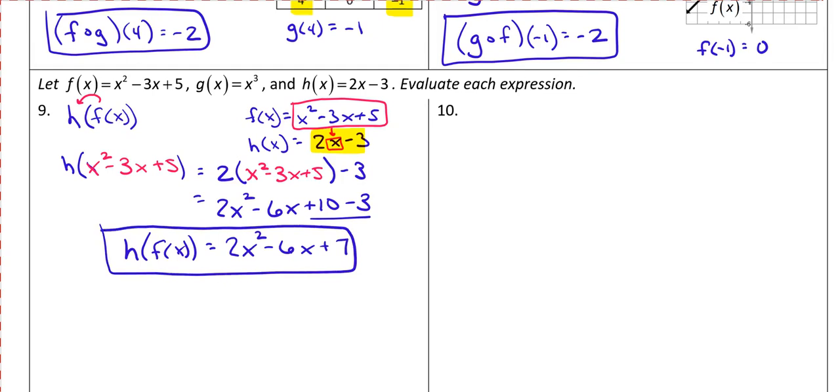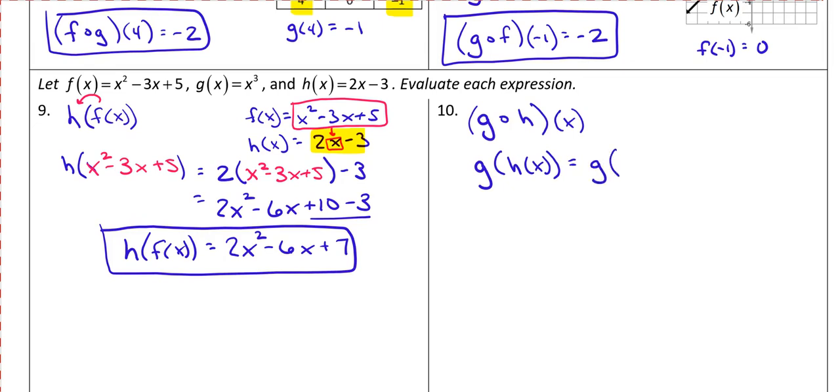What if we had something like g, let's actually use the other function notation, so g composed with h of x. So again, I like to start by saying g of h of x, g's first, then h. Go up and find the g function, the h function.